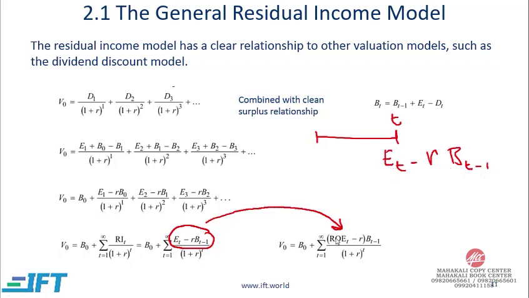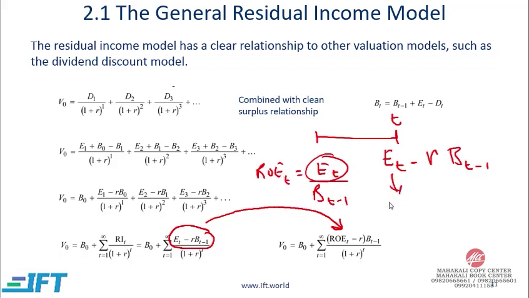What is return on equity for a given period? ROE for time t is equal to the earnings for time t divided by the book value at the start of the period. So what is E(t) then? E(t) is simply ROE at time t times book value at t minus 1.